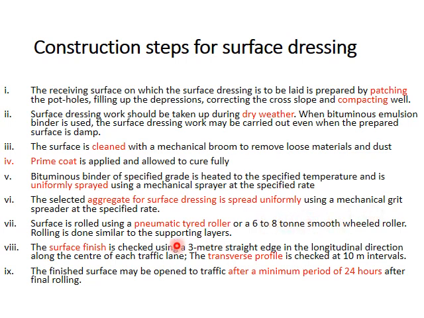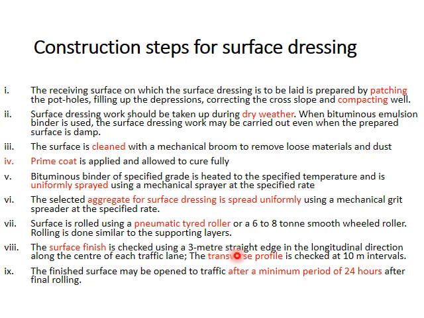Then you have the surface finish checking, which can be done using a straight edge. A straight edge is a device which is similar to a steel ruler. Surface finish is checked along with the transverse profile, which is checked at every 10-meter intervals.